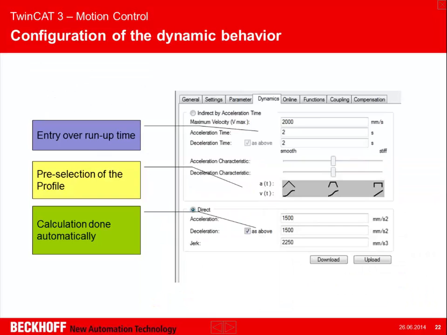Of course, you need to define the dynamic behavior of an axis, and you can do this, the ramp up time. You can do this by selecting a special profile, or you can do this directly, of course, by calculating the parameters. Last but not least, it ends, of course, in parameters for acceleration, deceleration, and jerk.